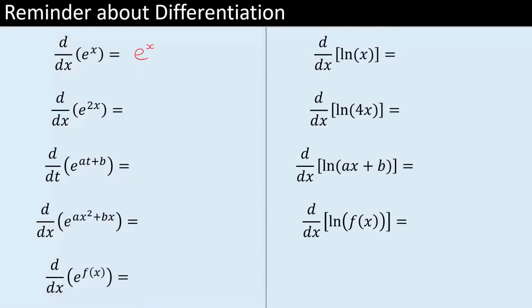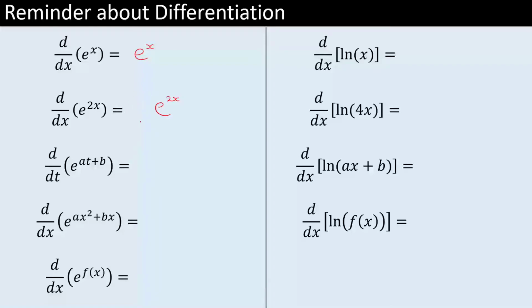So we also looked at what happens if we had some kind of a function as that power. And you might think to yourself now, okay, I kind of remember how to do this. We still have that function as part of our derivative, so we're still going to have e to the 2x as part of that, but we're going to have some kind of multiple of this.